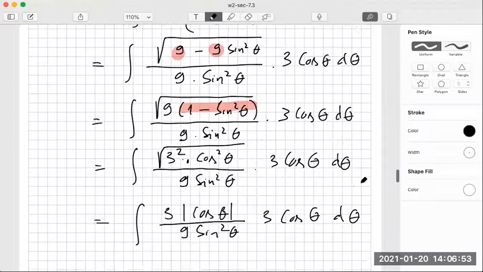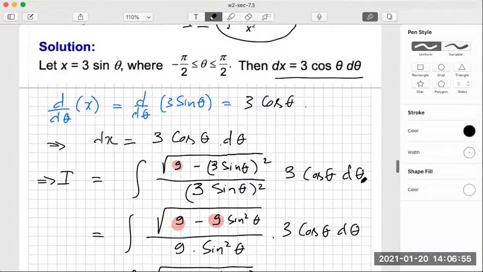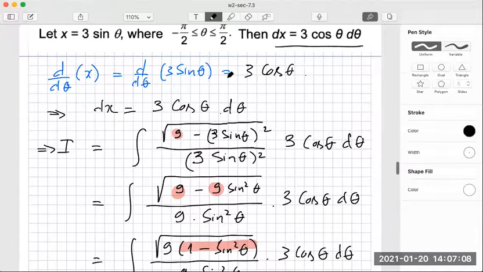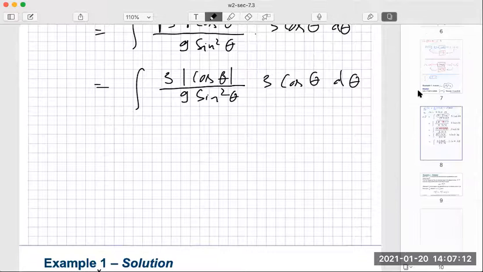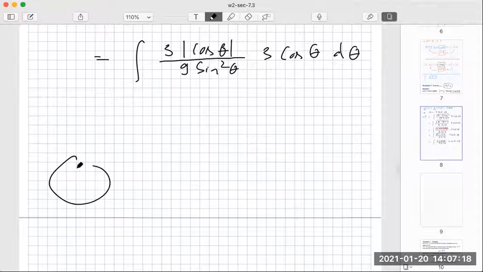And here, the angle theta is from negative pi over 2 to pi over 2, right? What is the value of cosine? Is it positive or negative? Yeah. We can draw the unit circle here. The cosine axis is this one.